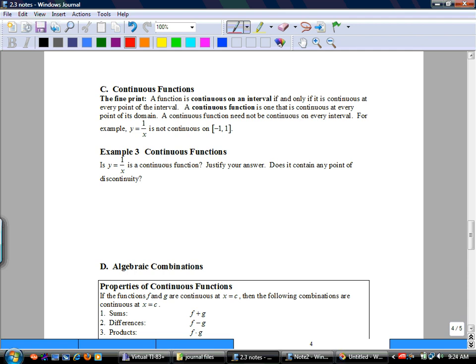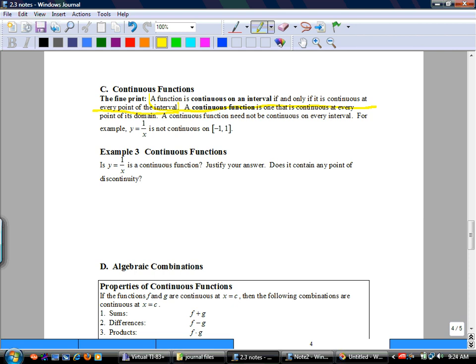A function is continuous on an interval if and only if it is continuous at every point in the interval. A continuous function is one that is continuous on every point. So we need to notice the difference. There's two different statements here. A function is continuous on an interval if it's continuous at every point in the interval. A continuous function is one that is continuous on every point of its domain. A continuous function need not be continuous on every interval.